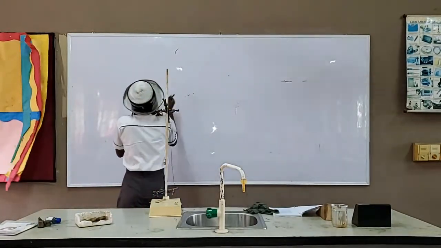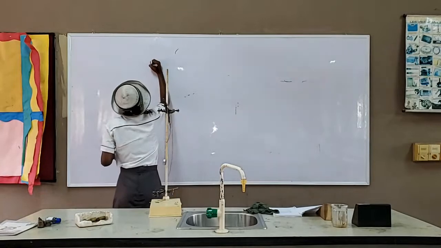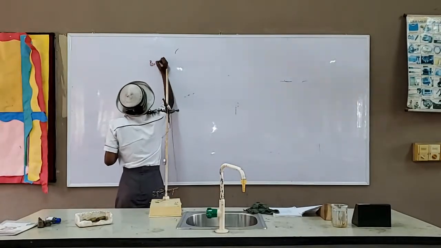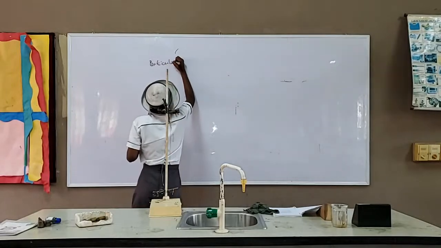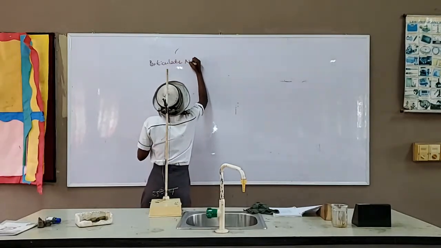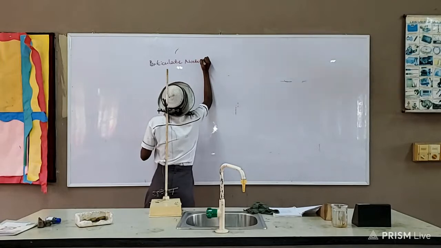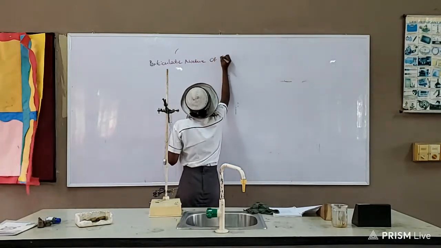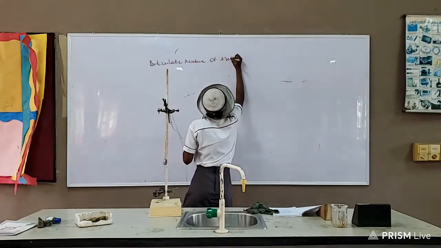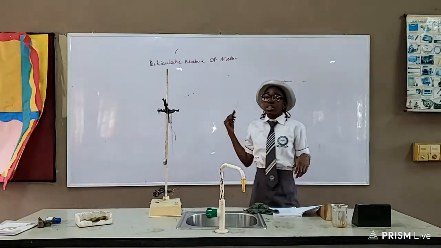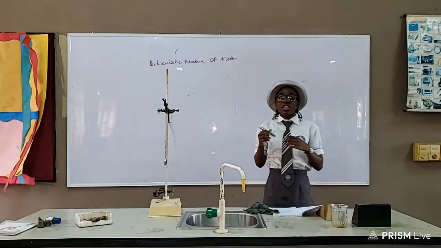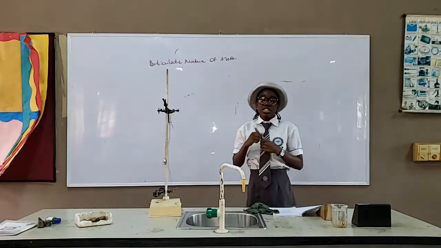About the particulate nature of matter. First of all, we have to define what matter is. Matter is anything that has mass and occupies space.